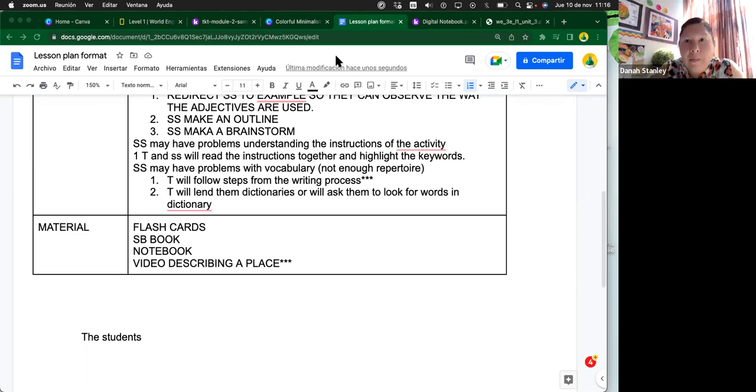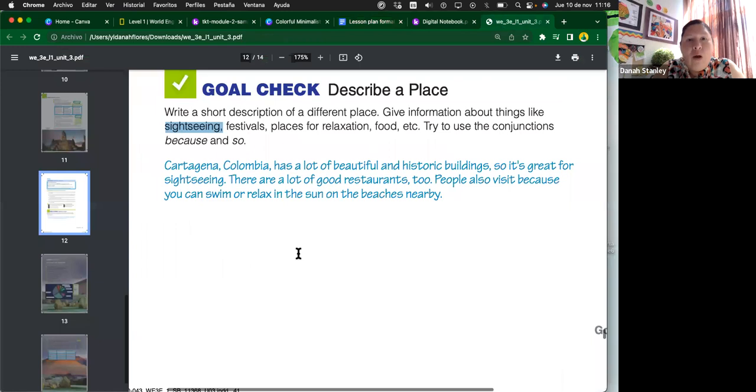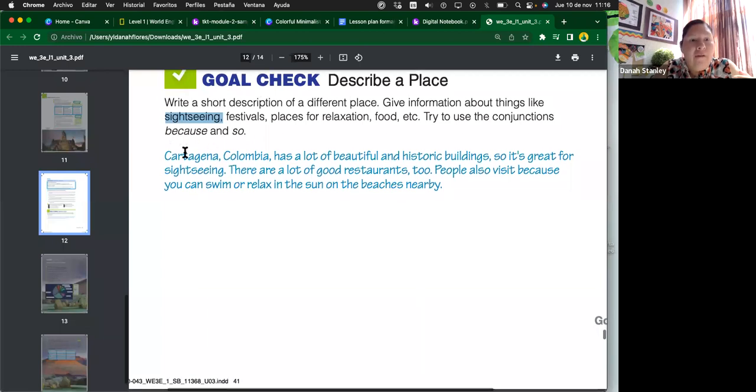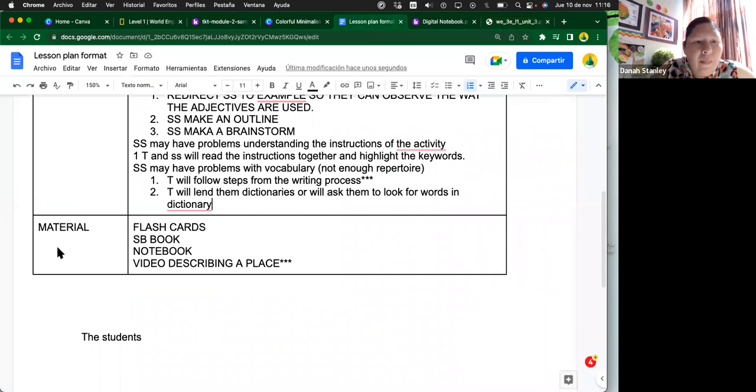So maybe one of the activities I will need to do is to follow the steps for the writing process. Not directly, like, write this. No, no, no. I need to go step by step, okay? Questions about this?